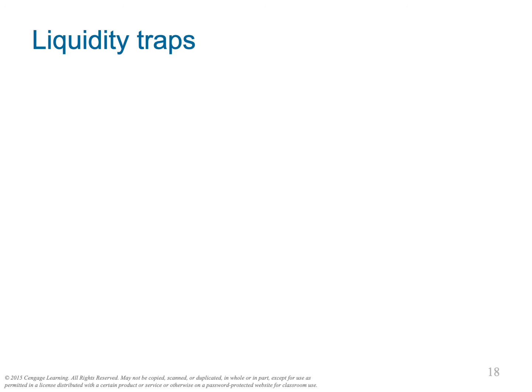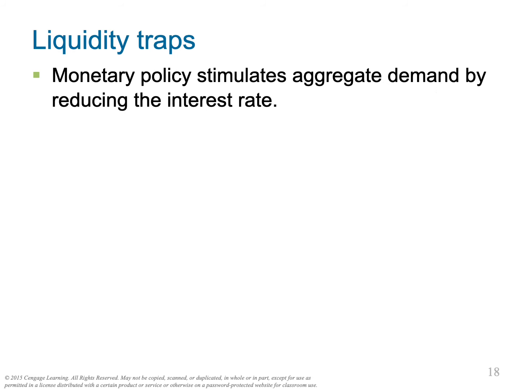All right, so let's talk about a potential limitation to monetary policy. It's called a liquidity trap. Remember that changing the money supply can stimulate aggregate demand by reducing the interest rate. But there's a problem.